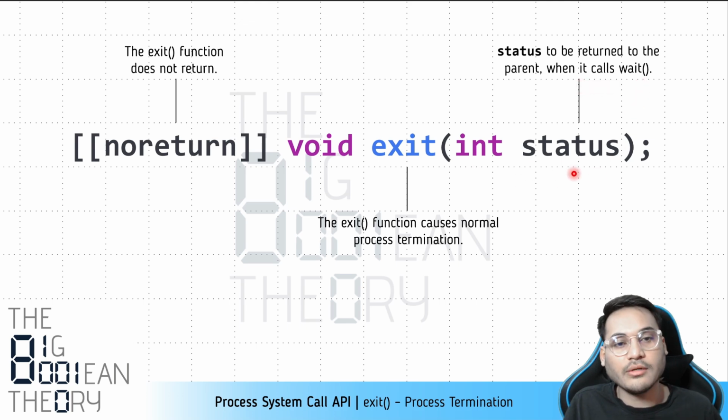But the idea is that when you are writing code and when you're exiting, you basically return an integer value, and that integer value can signify whether the operation was successful or was it an error. If it was an error, then what kind of error it was. So the exit code can be used to signify the status of the operation.